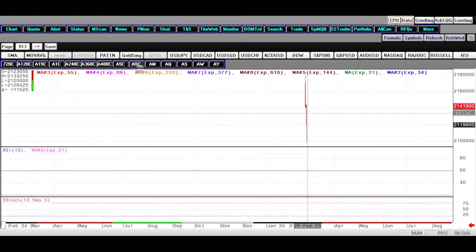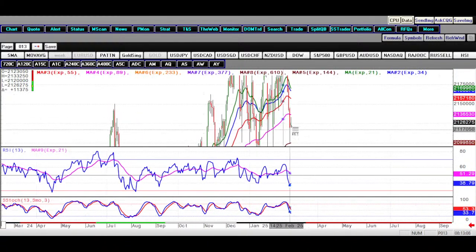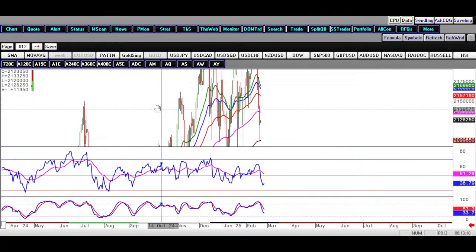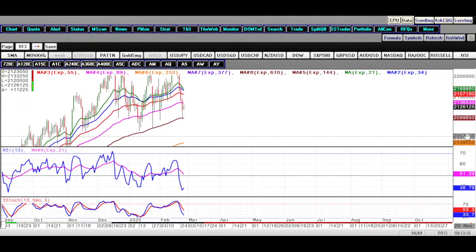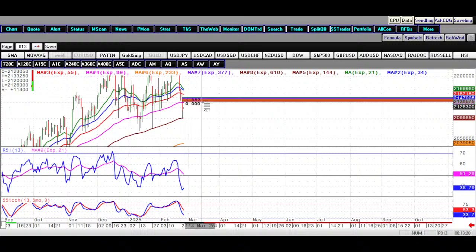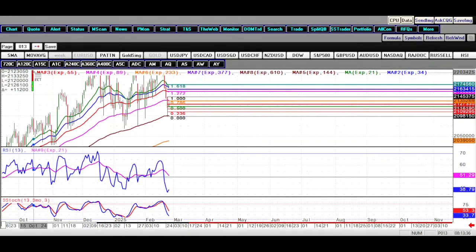Nasdaq, what we are seeing now is this is in a range on the daily. The range we are looking at is 21453 and 2098. These are the two levels of the range.